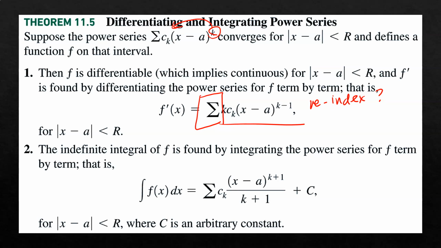And of course, that's why I always just write down the expanded form and differentiate the polynomial, and that would be easier to look at that way. And don't forget, after you differentiate or integrate, check the endpoints, because there's no guarantee that the newly obtained series will behave the same way as the original radius of convergence, like this right here, right? So you do have to check the endpoints after you integrate or differentiate.